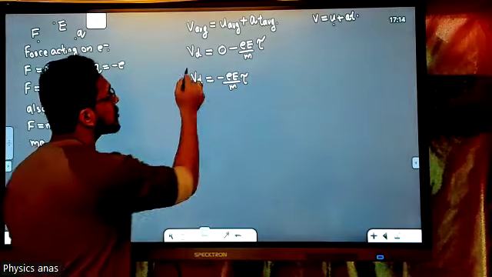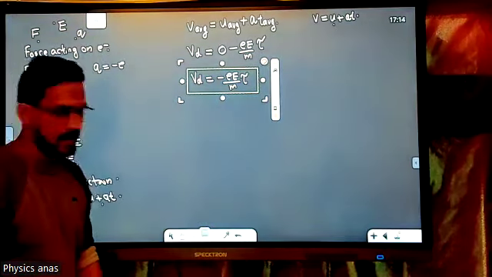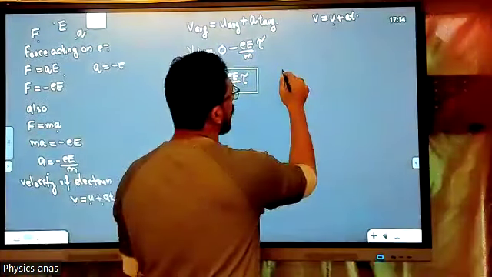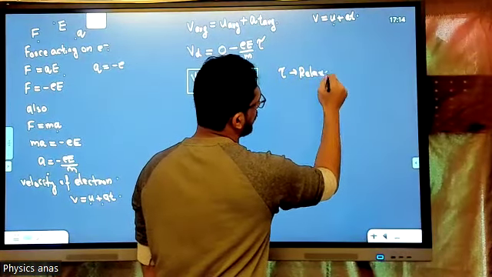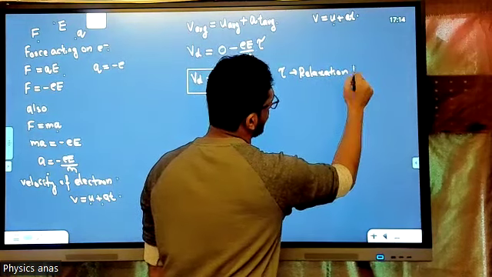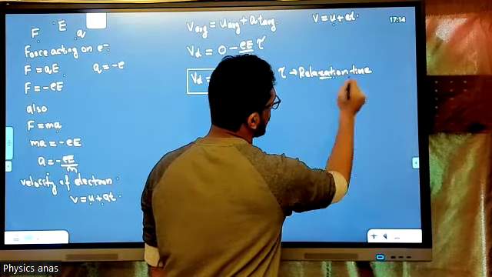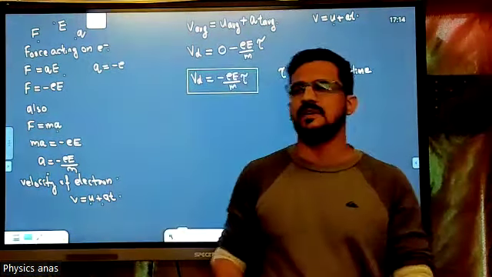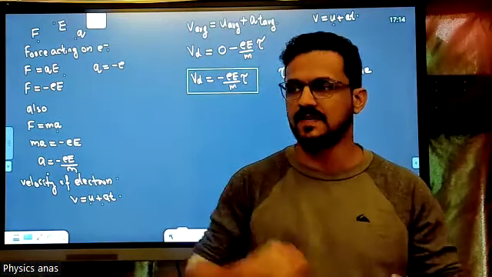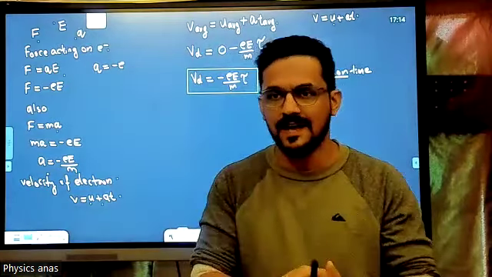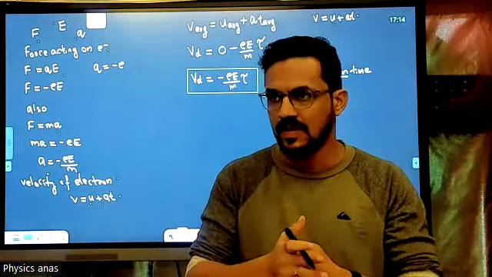You don't know what this tau is. I will tell you. Tau is called relaxation time. It is the average time interval between two successive collisions. Electrons will collide with ions and with themselves also.